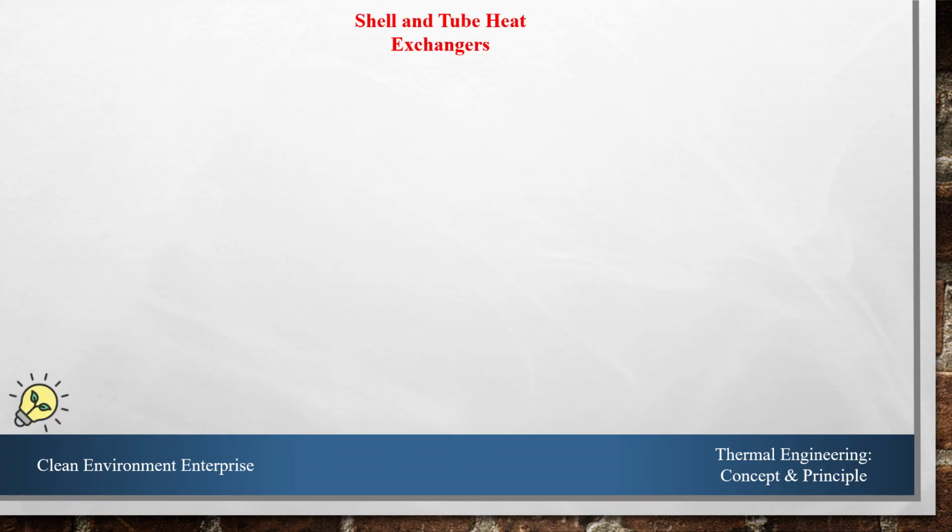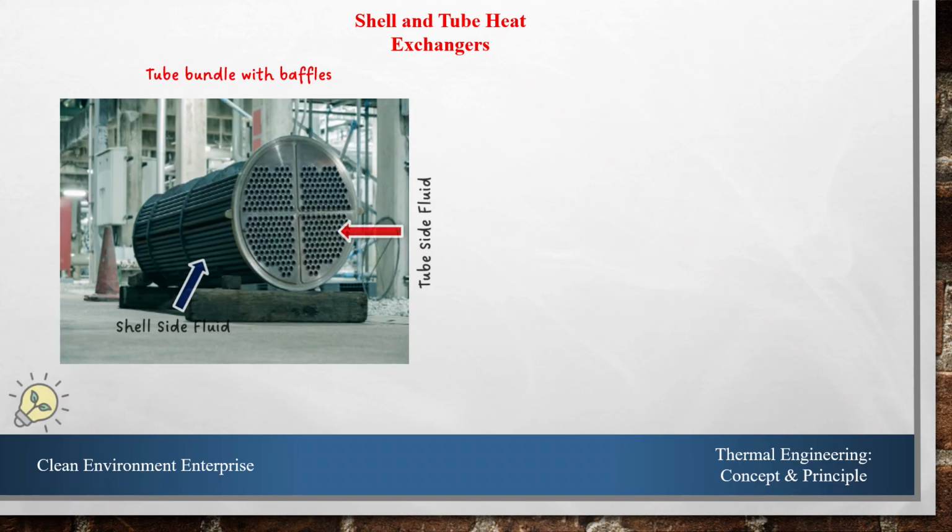The tubes inside the heat exchanger form a shape just like a bundle as shown in this photo, and the tube sheet contains the number of holes which correspond to the number of tubes in that heat exchanger, and usually these holes are prepared in the form of a number of tube passes of the heat exchanger.